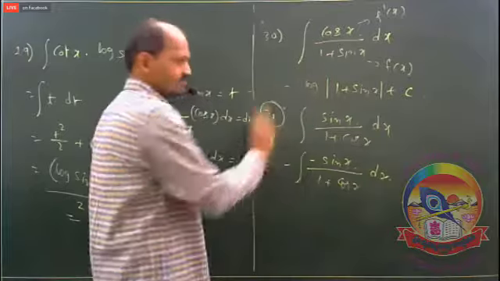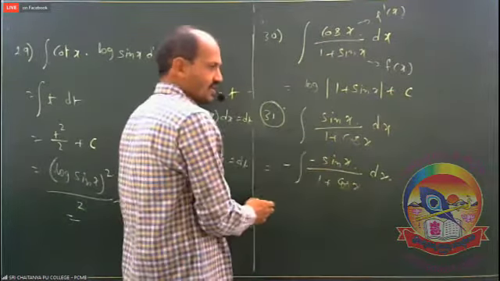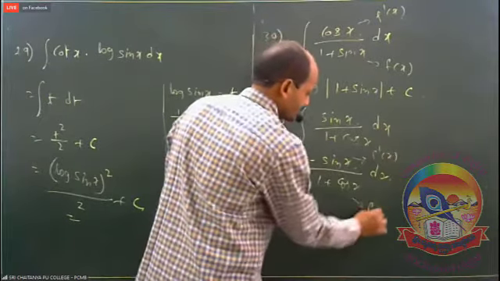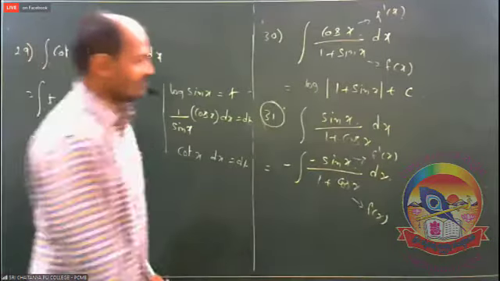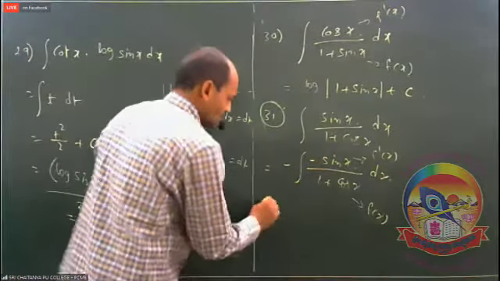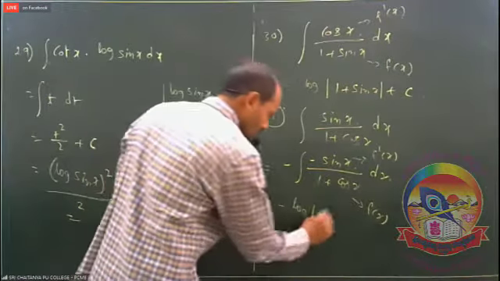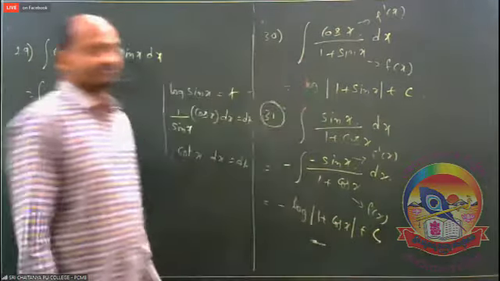Derivative of 1 plus cos is minus sin. So we get f dash of x by f of x, that is minus log mod 1 plus cos x plus c.